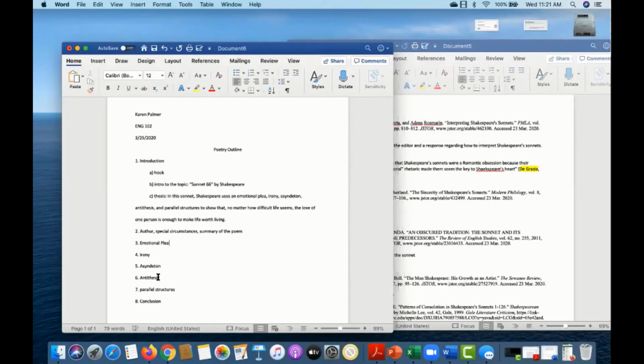Antithesis is also 4 through 7, and parallel structures is 8 through 12. So I'm taking readers through the sonnet in the order that the lines appear. So it makes more sense to them, because we're not assuming that our reader has actually read the poem that we're describing. So the more quotes we put in from the poem and the more we keep things in order, the better off it'll be.